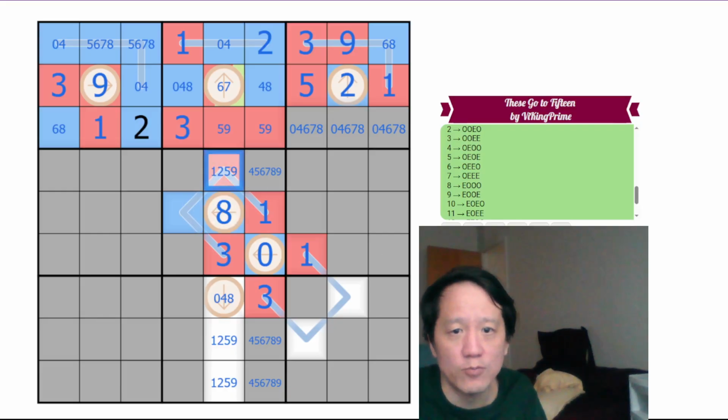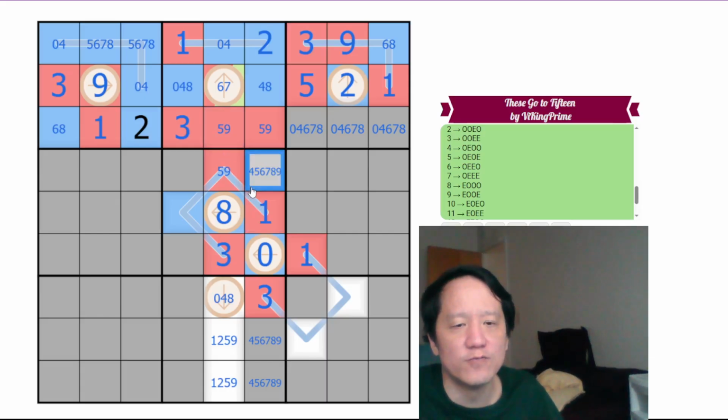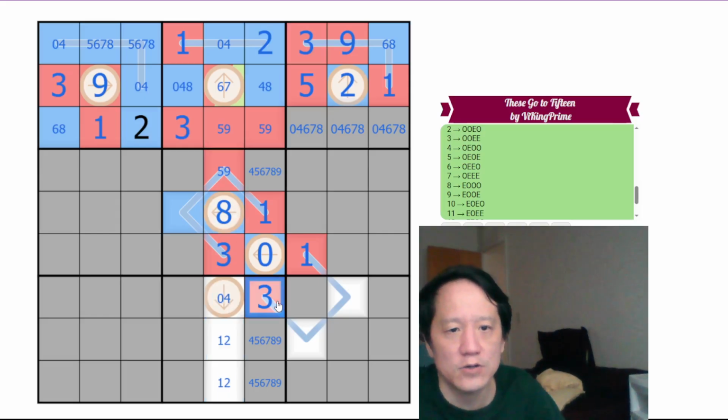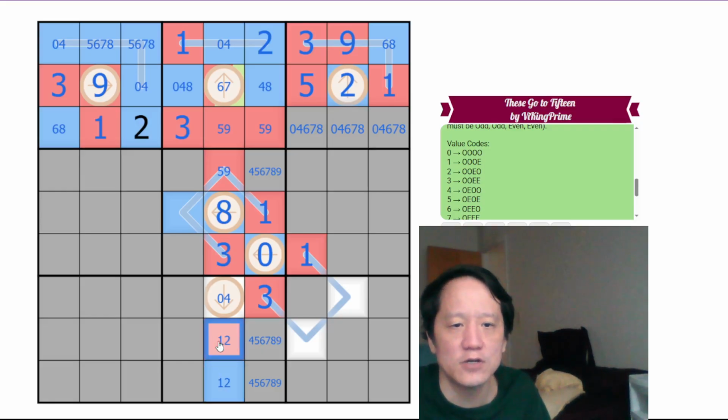It cannot be 1 or 2 because of the Schrodinger in the column, so it's 5 or 9. Can't be 1 because of 1 in the box. It can't be 2 because it must be odd and not a Schrodinger. So this is 5, 9 as a pair, which eliminates 5, 9 in the rest of the column. 8 eliminates 8 here. This is 0 or 4, which both have odd as the first bit. So this is odd, which means this is even here, so this is 1, and that's 2.